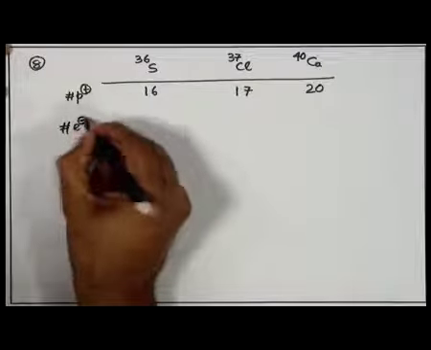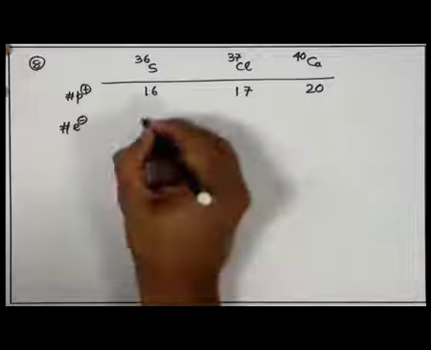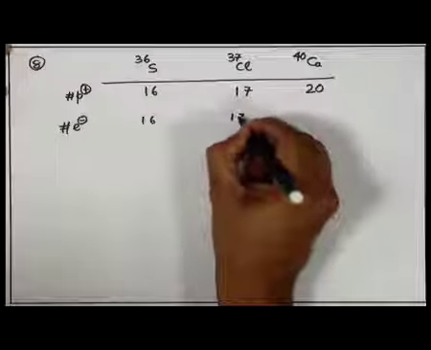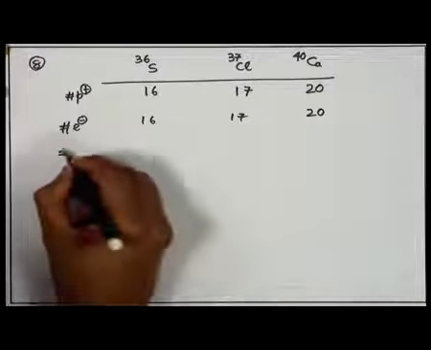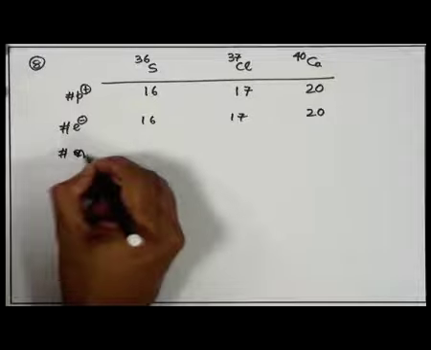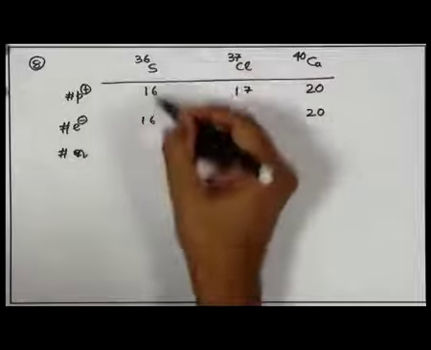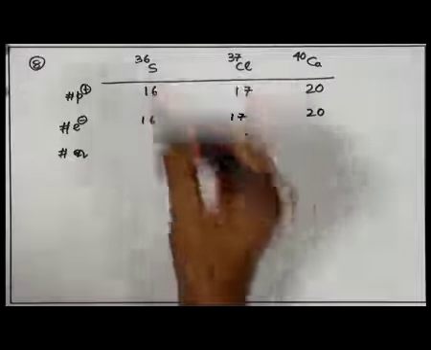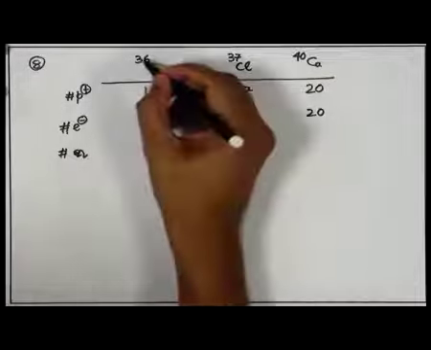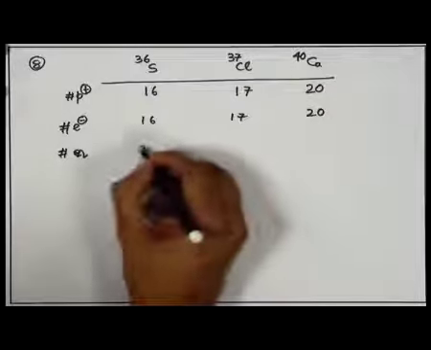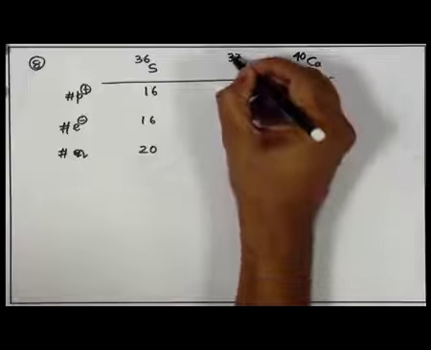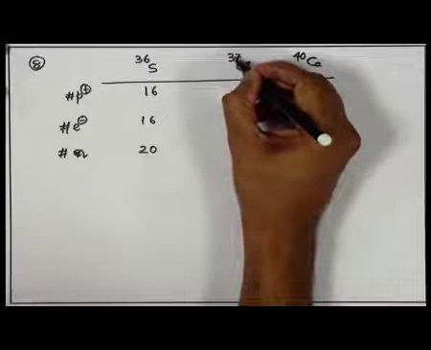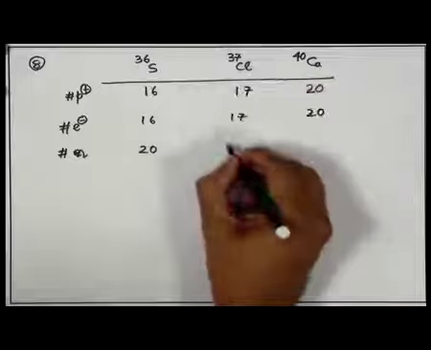Number of electrons: since all three species are neutral, the number of electrons is equivalent to the number of protons, otherwise they will be charged. Number of neutrons: in this case there are 16 protons, and the mass number is 36. So, the number of neutrons is 36 minus 16, which is 20. In this case, the number of protons is 17, the mass number is 37. So, the number of neutrons is 37 minus 17, which is 20.